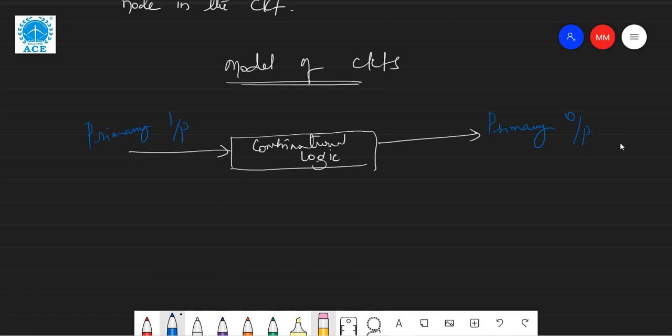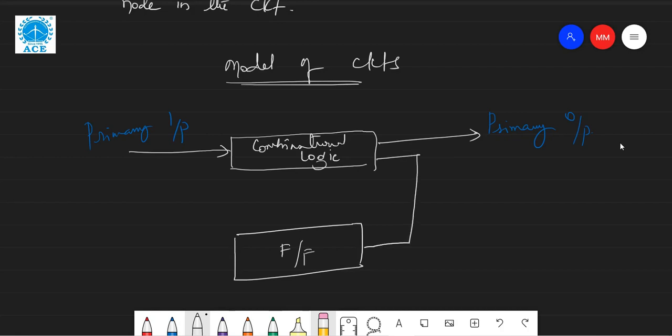This is the primary input, right? When you have memory devices like a flip flop here, this is called the next state, and here it is the present state.